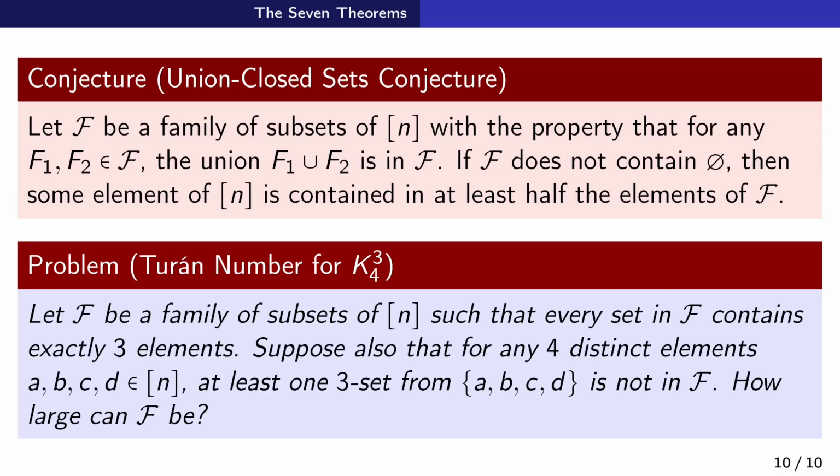How many elements can this family have? If you've never thought about this problem before, you'd think there's probably some nice averaging argument. If you solve this problem, you would be incredibly famous instantly.